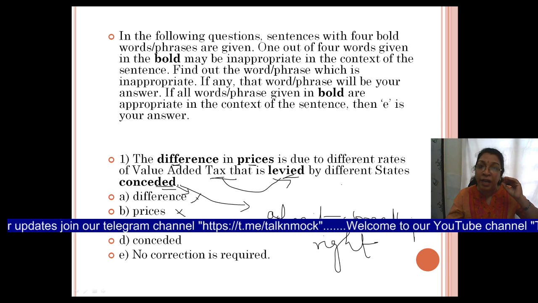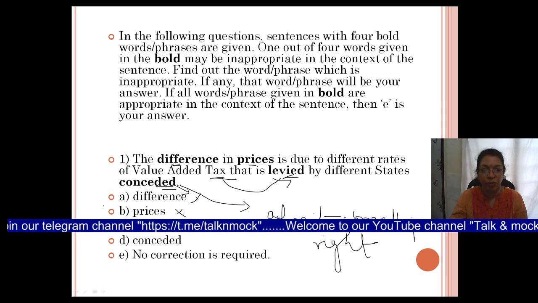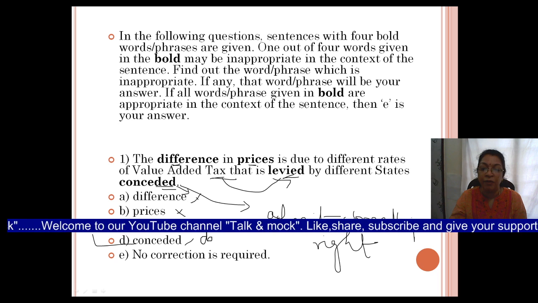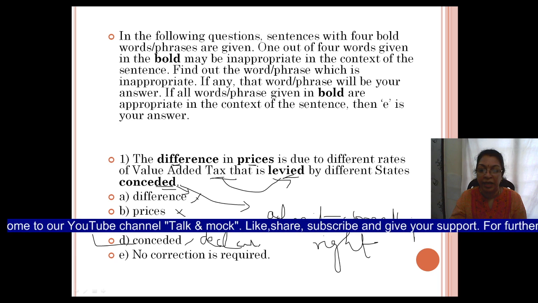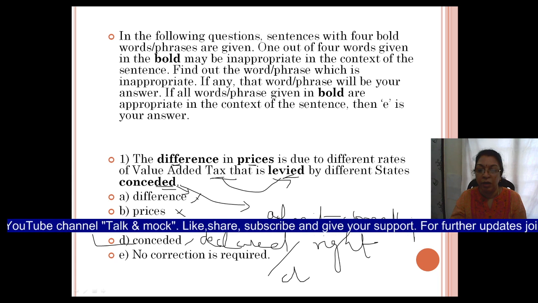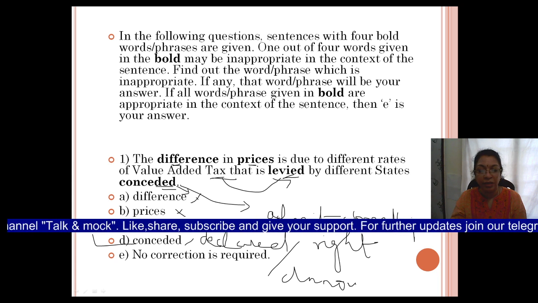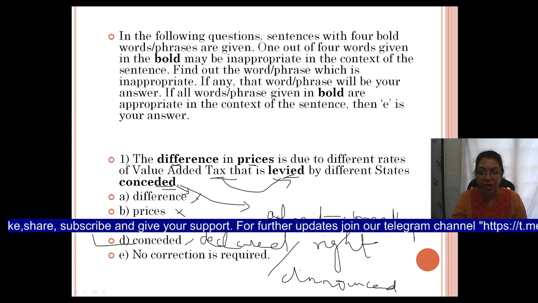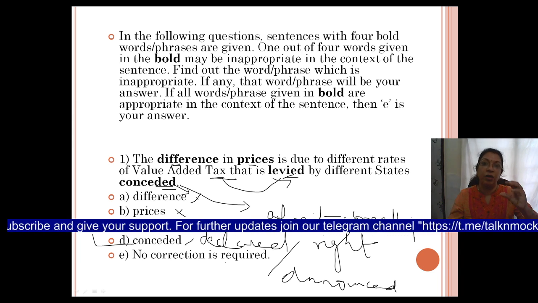It is about announcement, so you can use the verb announced or declared. Is that clear? So this word is wrong. In this place it should be, by different states declared or announced. Are you getting it? This is one of the memory-based latest patterns I have taken. So this is how you need to look.